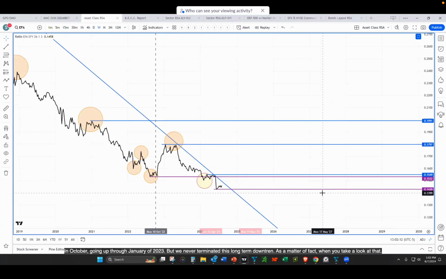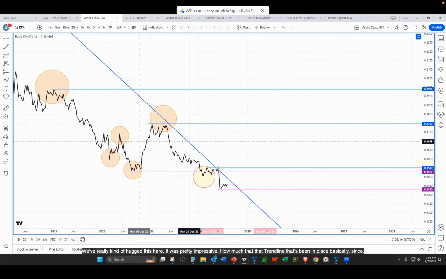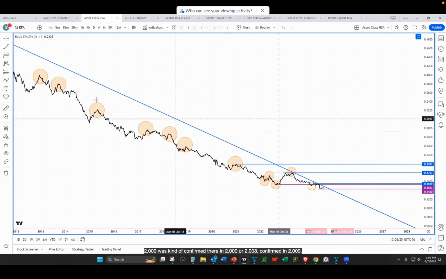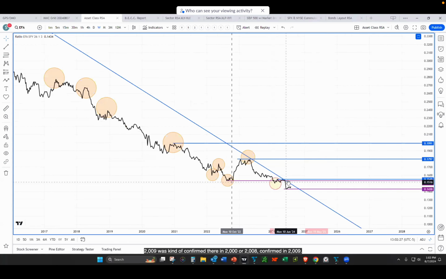And as a matter of fact, when you take a look at that, we've really kind of hugged this here. It was pretty impressive how much that trend line that's been in place basically since 2009 was kind of confirmed there in 2008, confirmed in 2009. We kind of approached that area and just continued to the downside. But in that situation, what happened is that we broke down below this last major swing low here.